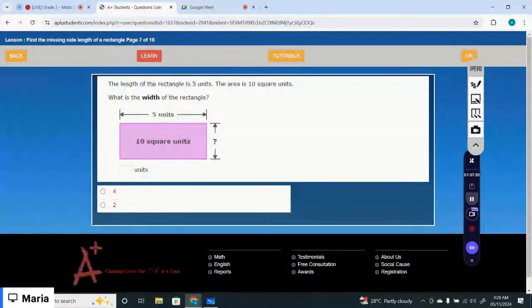The length of the rectangle is 5 units. The area is 10 square units. What is the width of the rectangle?